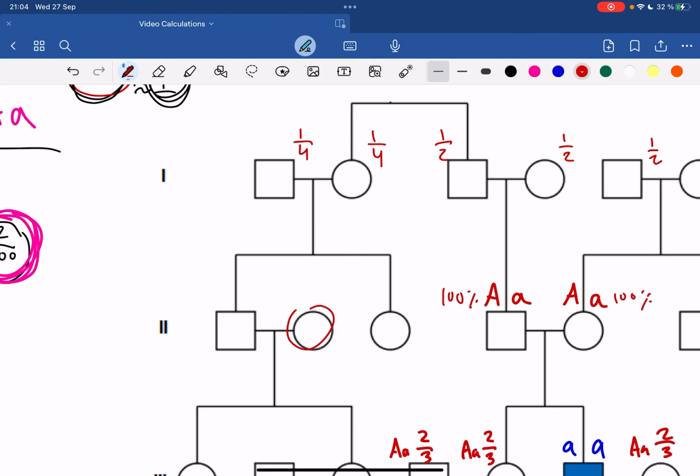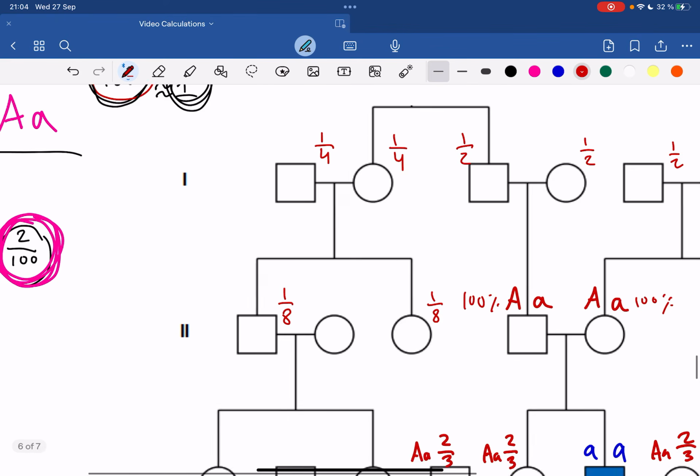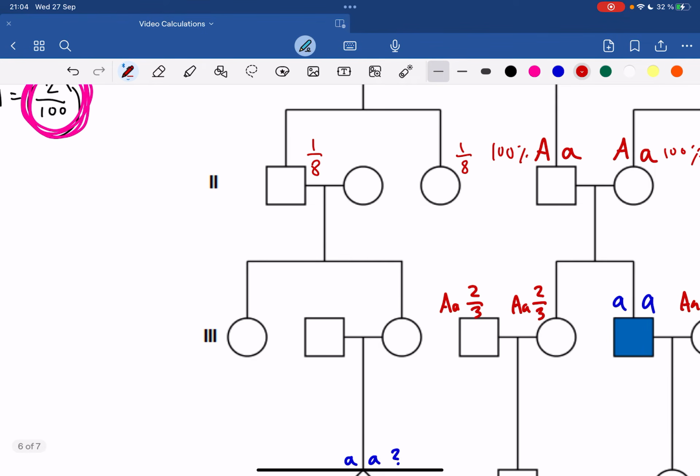Oh, well, she's not related to them at all. So these would be 1/8 and 1/8. Now, this person is related to this person, which means that that's also 1/2 of an eighth, which is 1/16.